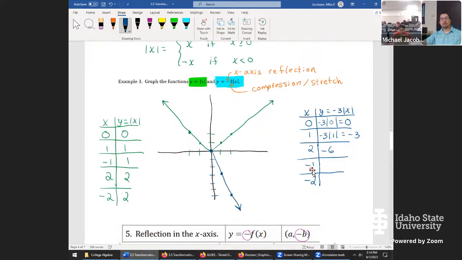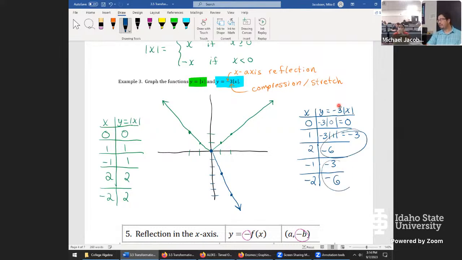And now we really don't have to plug these values in. We're expecting symmetry. But let's do it just for the sake of practice. Throw a -1 here. The absolute value of -1 is +1. So this turns into a -3. Likewise, if you take -2 and throw it inside there, the absolute value of -2 gives you +2 times -3. So that's -6.